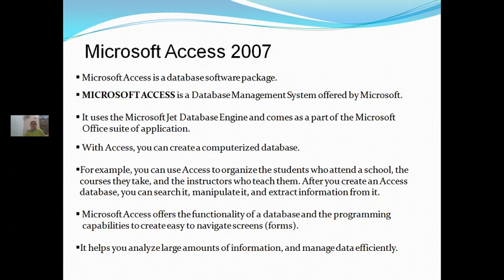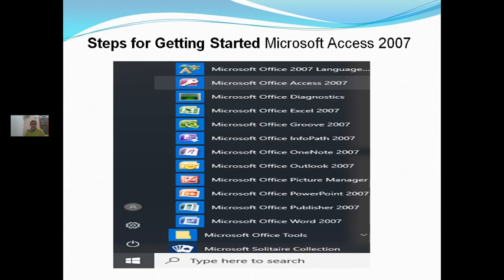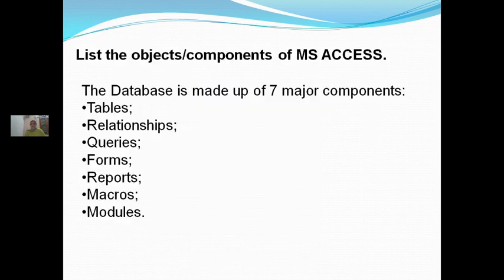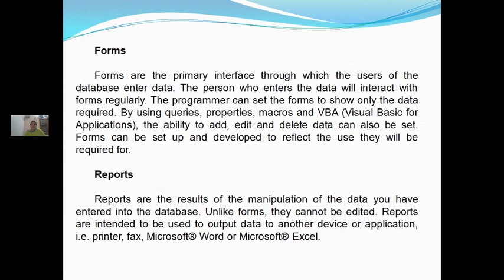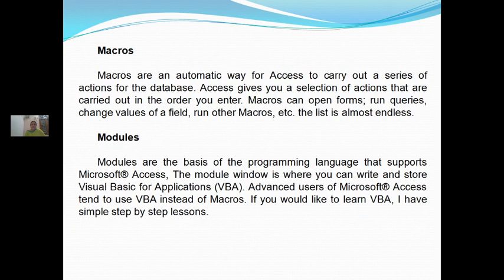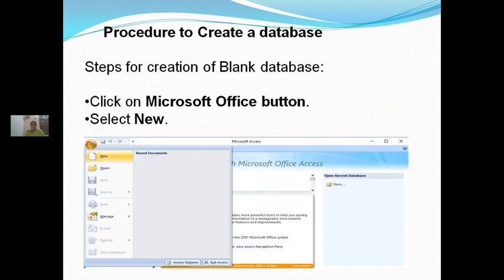What is the MS Access 2007 application, what it is used for, and why we are using Access 2007, and the steps for getting started with MS Access 2007. Then the objects and components of MS Access 2007, that is tables, relationships, queries, forms, reports, macros, modules.